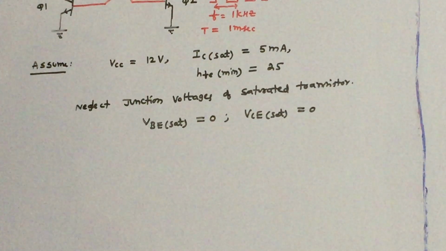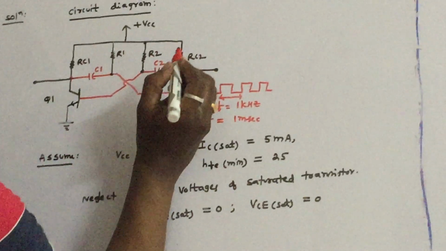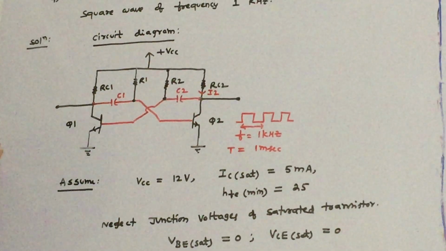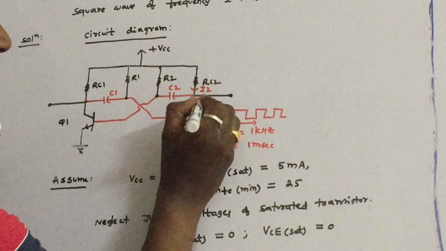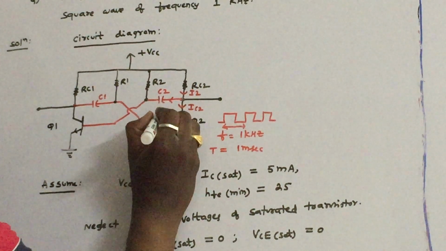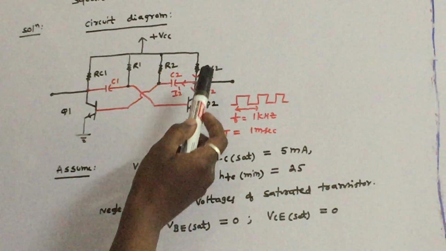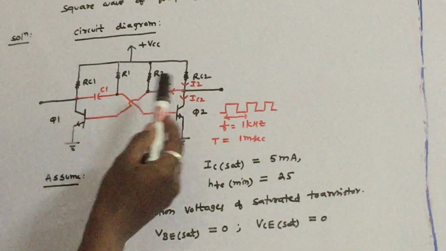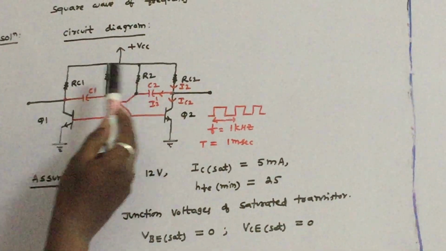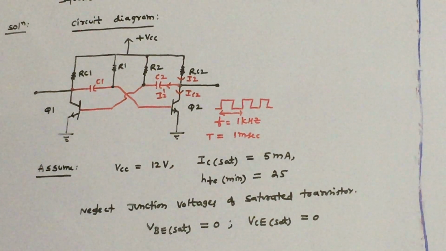Now here, let us say this current is I2. So the collector current is IC2. The current in this branch is I2 dash. So first, very simple. Assume a symmetrical network, which means RC1 is equal to RC2, R1 is equal to R2, and C1 is equal to C2, since it is generating a symmetrical square wave.